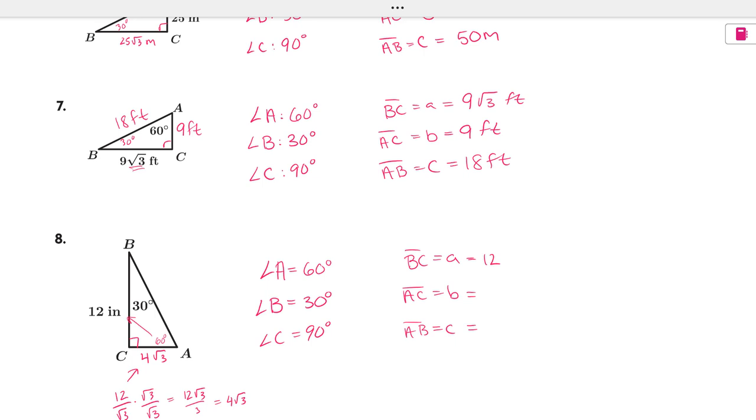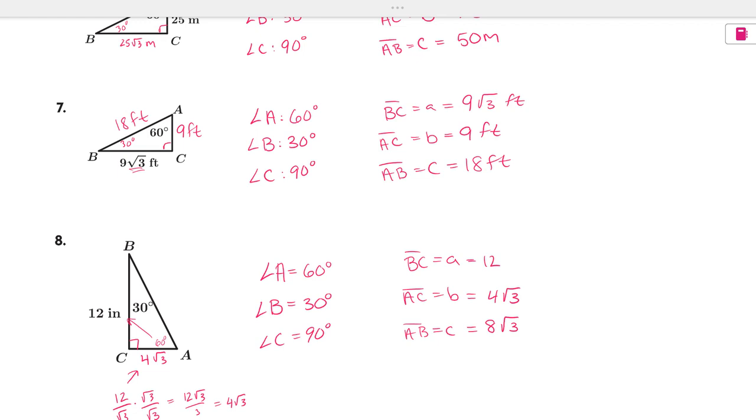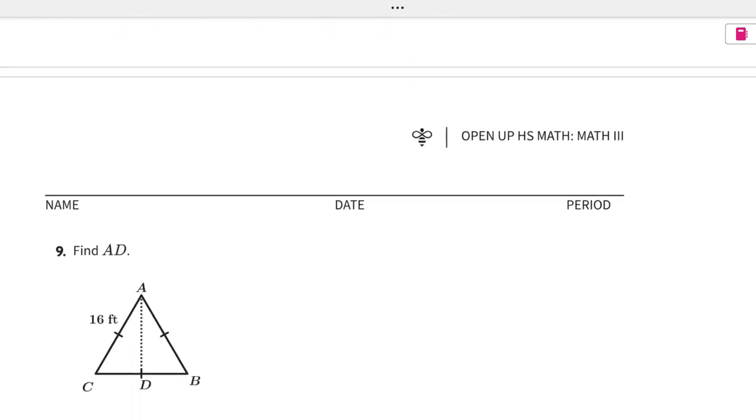Yes, it is. So our side B is 4 root 3, which makes our hypotenuse 8 root 3, because we're going to double that side. Okay, question 8 is all done. Let's move on to question 9.